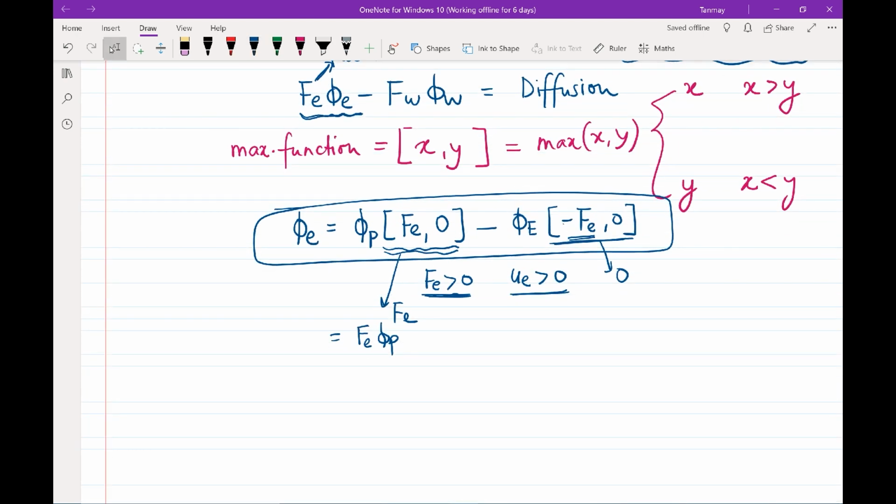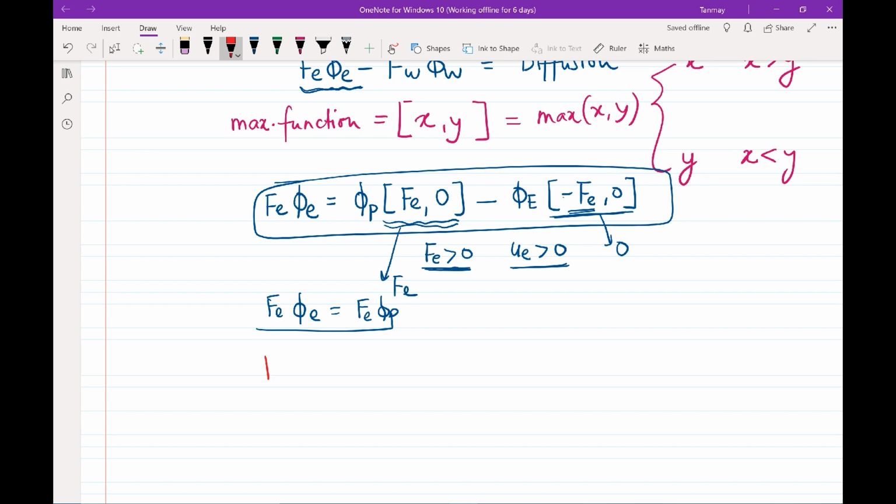So this particular solution, this should be f small e. So fe phi e becomes fe phi p. I hope you understood this. And similarly, fw phi w would become phi w, and the maximum of fw comma 0 minus phi p minus fw comma 0.